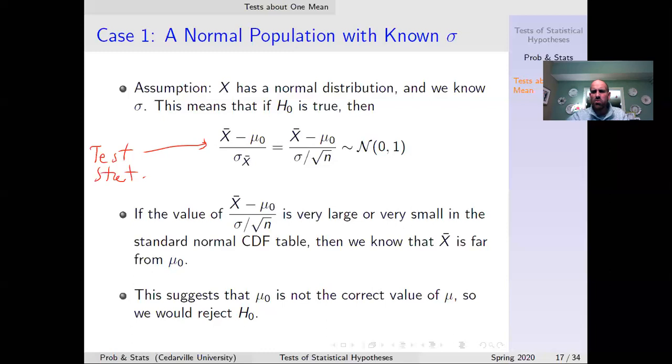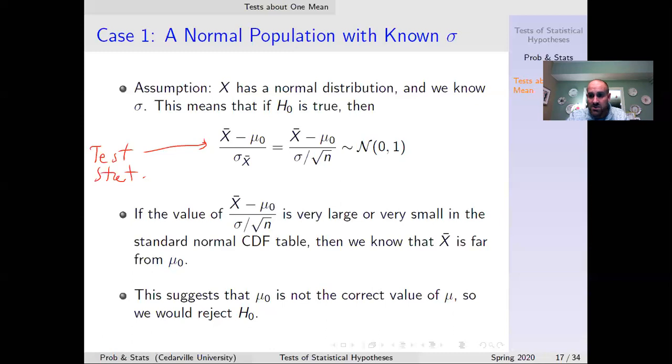If I end up way off in one of the tails of the standard normal distribution under the assumption that the mean is mu 0, you start to suspect that something's weird. If mu 0 was the mean, you would expect to be somewhere in the middle, not way off in one of the tails. So this would suggest that mu 0 is not the correct value of mu, so we would reject the null. This is just a general philosophical setup for what we're going to be doing.